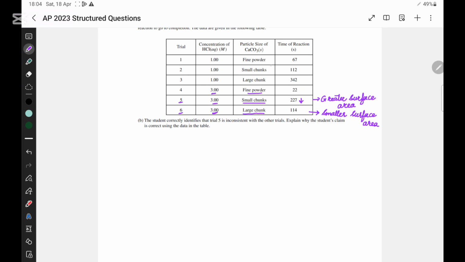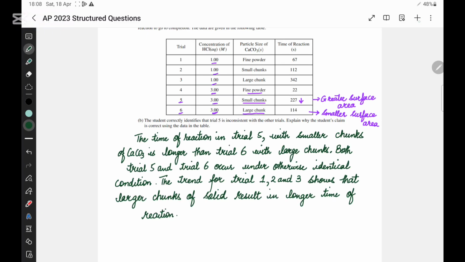And if you see trial 1, 2 and 3, they have the same concentration, and you can see they go according to the right thing, that having the small particles would be having greater surface area and the greater rate of reaction, so time of reaction is low. So this is going to be the right explanation for it.